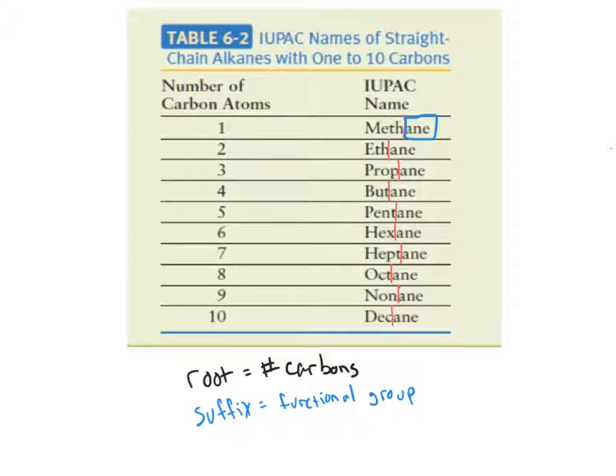All of these are just straight-chain alkanes, and so they will get the suffix ane. Since these compounds are just all straight chains and not branched, they don't have any sort of prefix. We will be discussing prefixes in a few minutes.